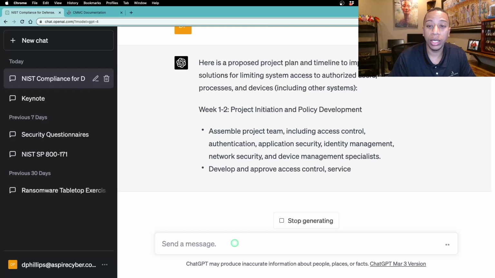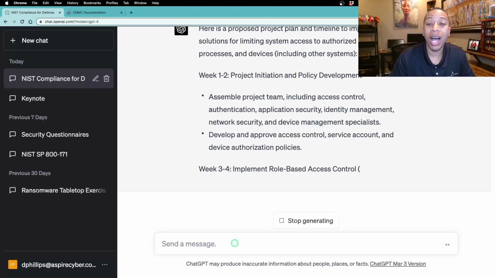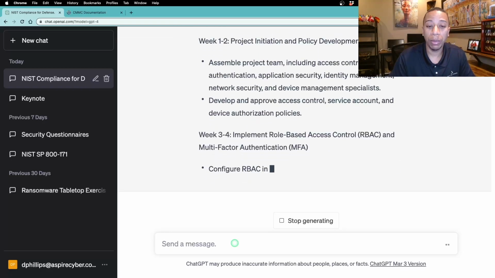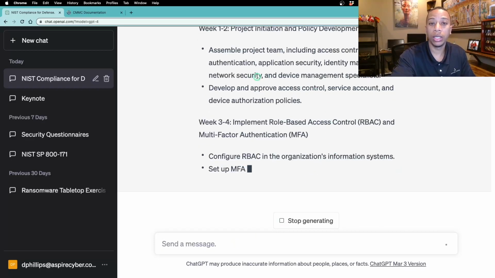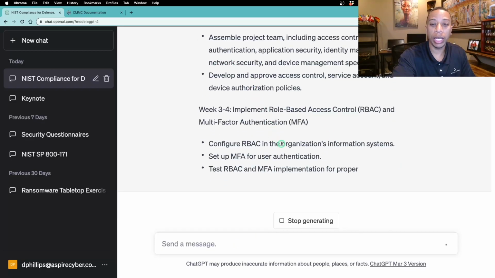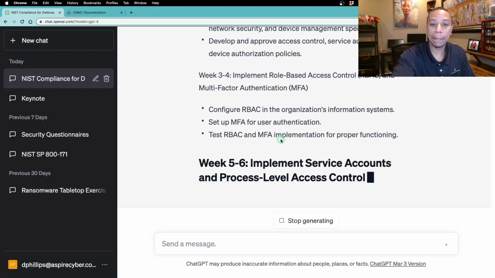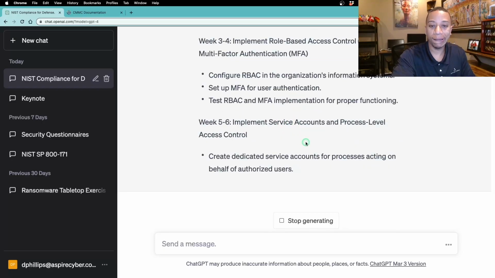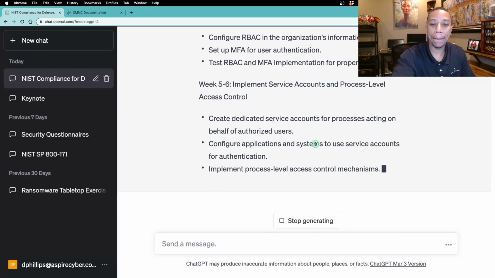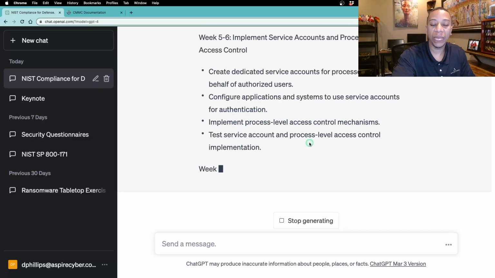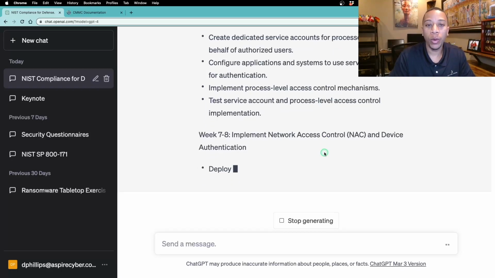First, we're going to have initiation and project policy development. We're starting off with that policy, having that governance in place. ChatGPT is breaking it down by week for this project plan.